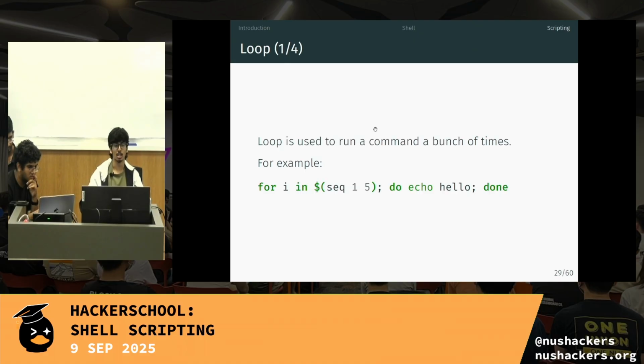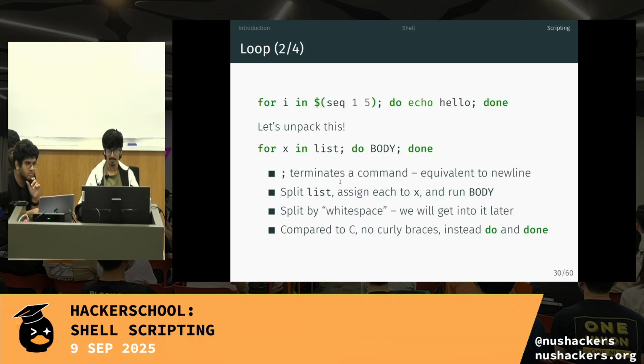So another important thing is a loop command, of course. Essentially it's used to run a specific command multiple times. This is a very basic example, so let's try unpacking this slowly. The general structure of a loop command is for x in some list; do body; done.